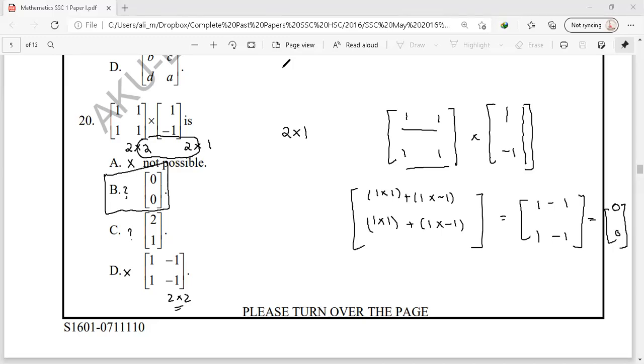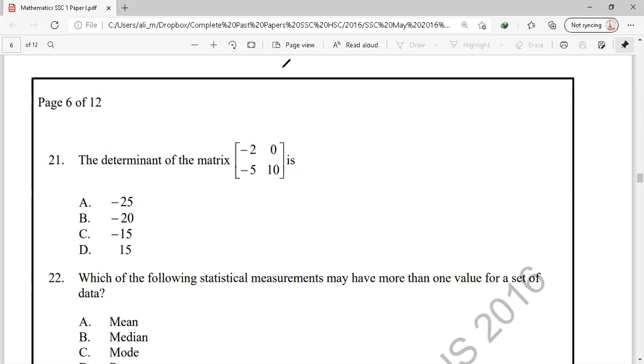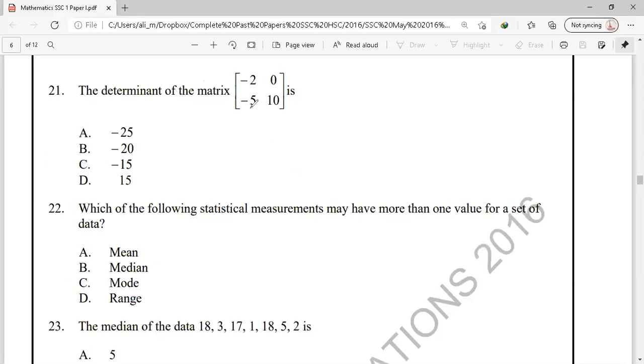So let's come to questions number 21 and 22. In question 21, we have to find the determinant. We know that for the calculation of the determinant, we multiply the diagonal elements, multiply the other diagonal elements, and the second product is subtracted.